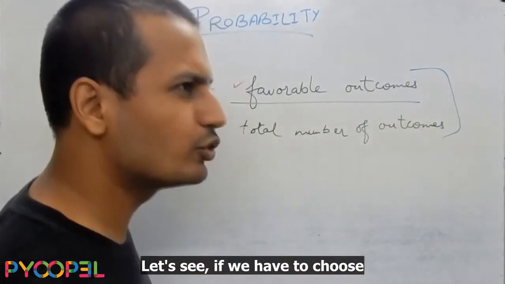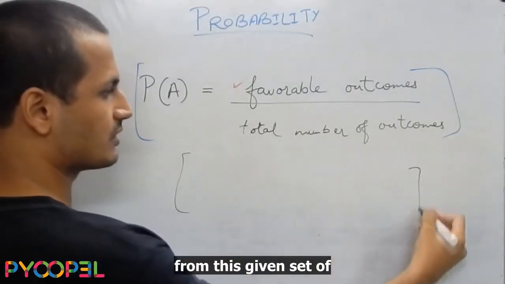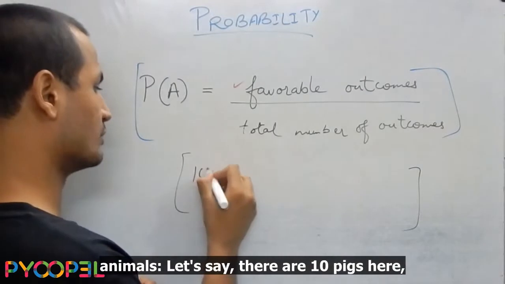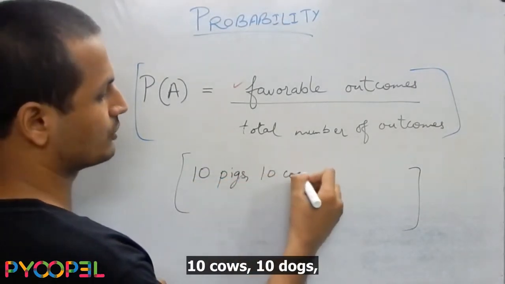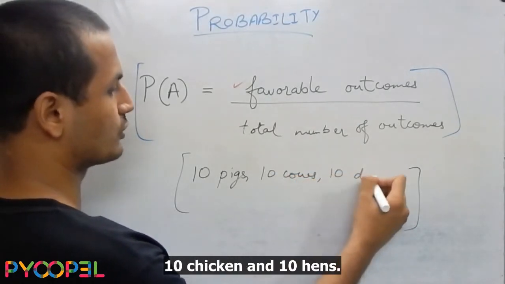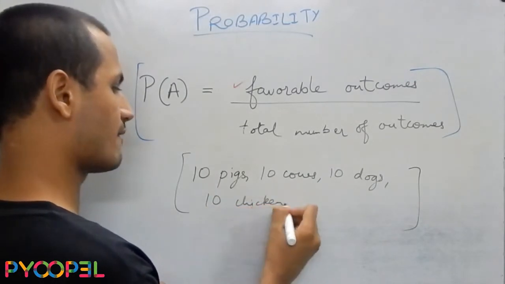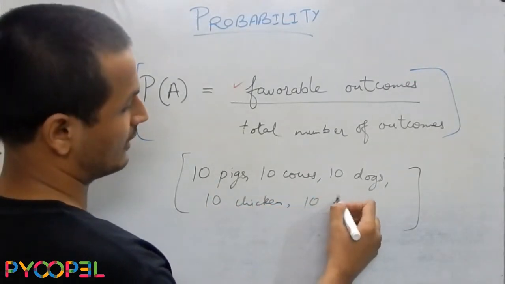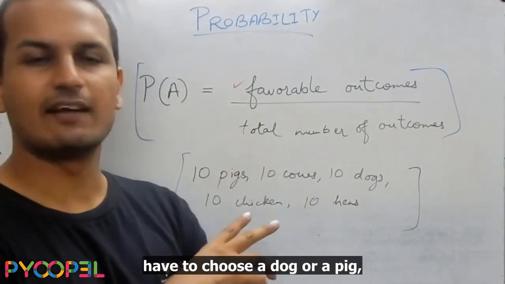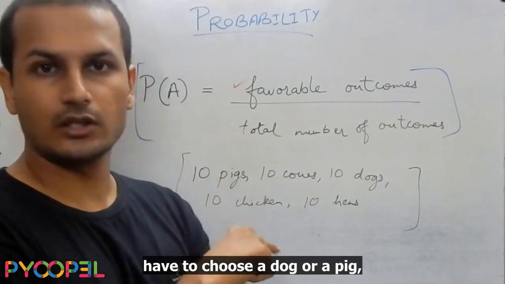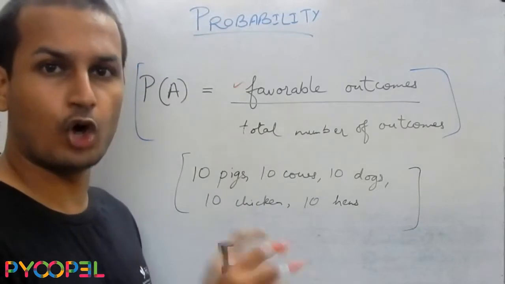Let's see, if we have to choose from this given set of animals, let's say there are 10 pigs here, 10 cows, 10 dogs, 10 chickens, and 10 hens. From this, suppose we have to choose a dog or a pig.